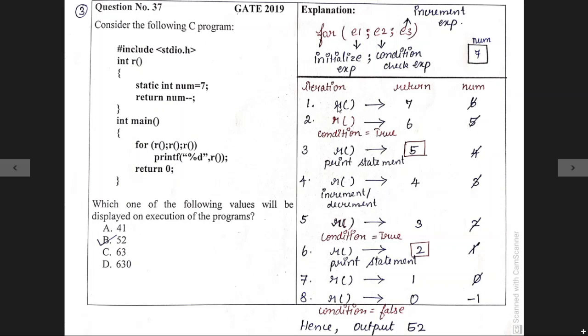In the first iteration or function call, it returns 7 and decrements to 6. Move on to the second expression, the condition expression. Only if this condition expression evaluates to non-zero will the for loop body execute, otherwise the for loop body terminates.